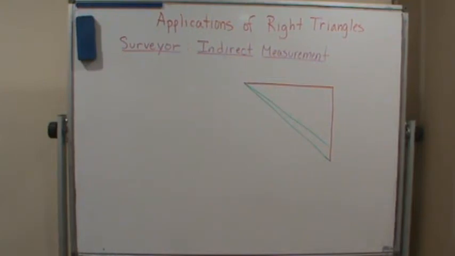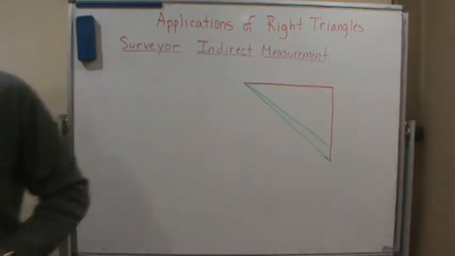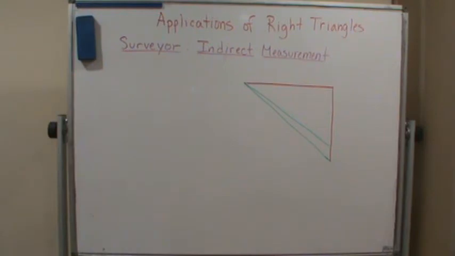It says where points B and C are in a marsh.